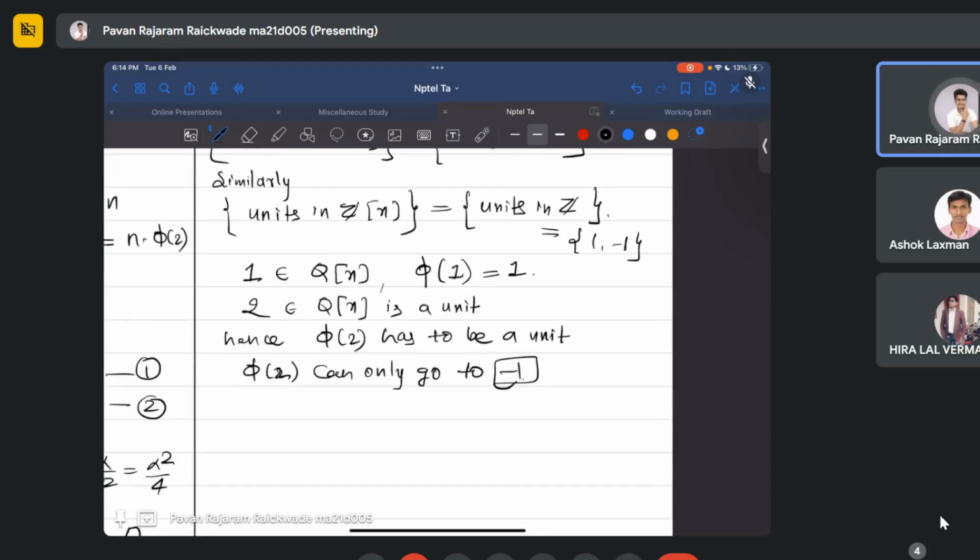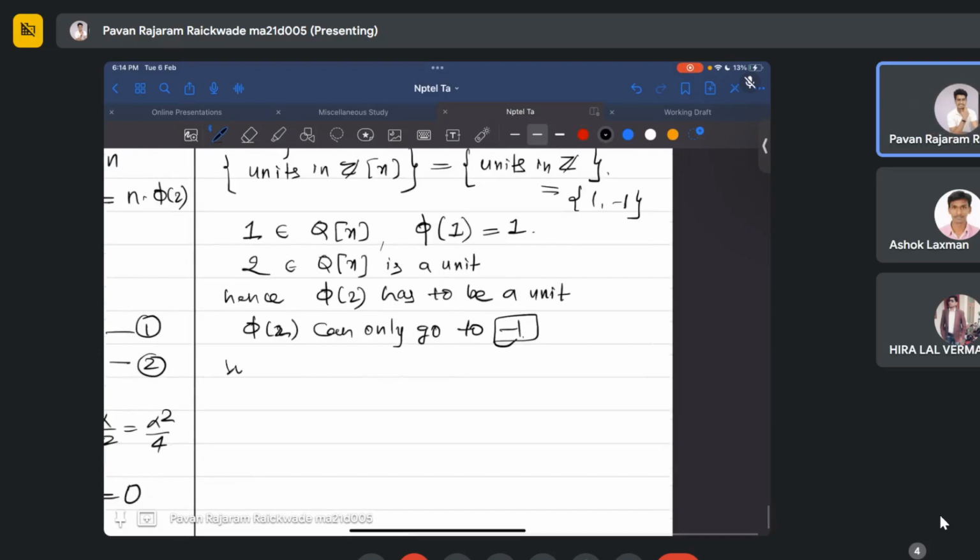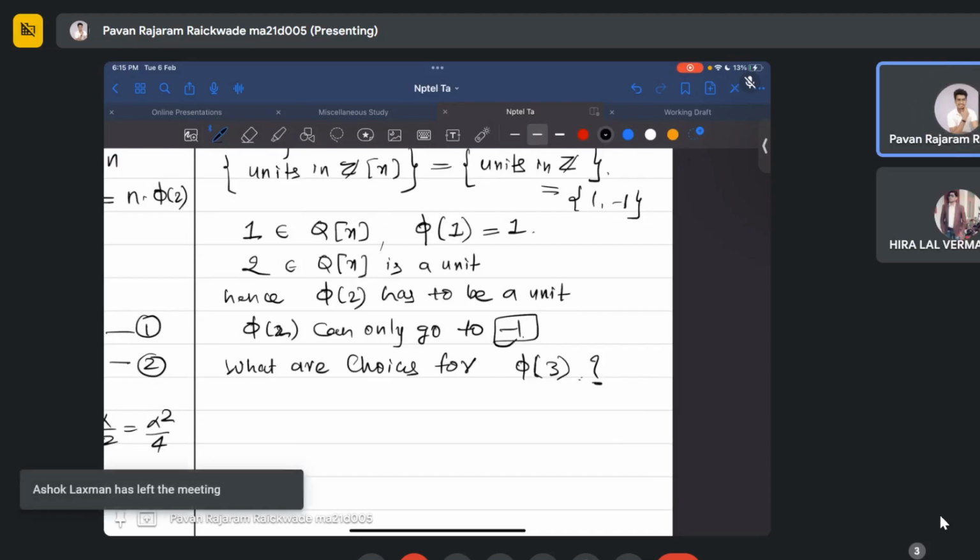Let's suppose phi of 2 also goes to minus 1. Then what are the choices for every other, or let's say for 3, phi of 3? See, 3 is also a unit, so phi of 3 also has to be a unit, but there are only 2 units in Z, which are 1 or minus 1, and both are already occupied. So there is no choice for phi of 3.